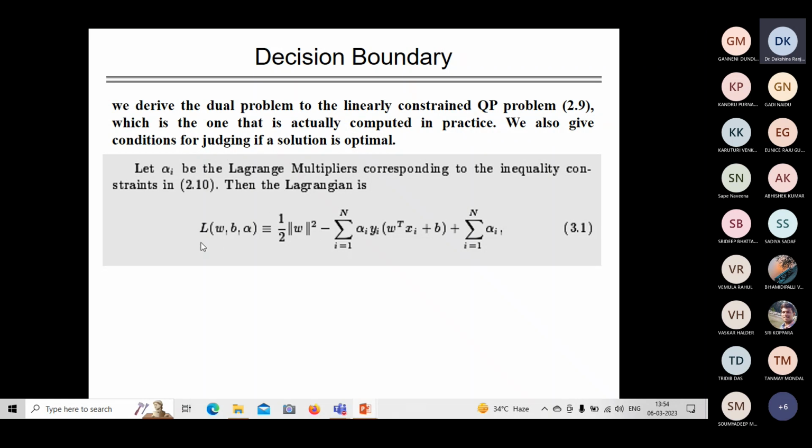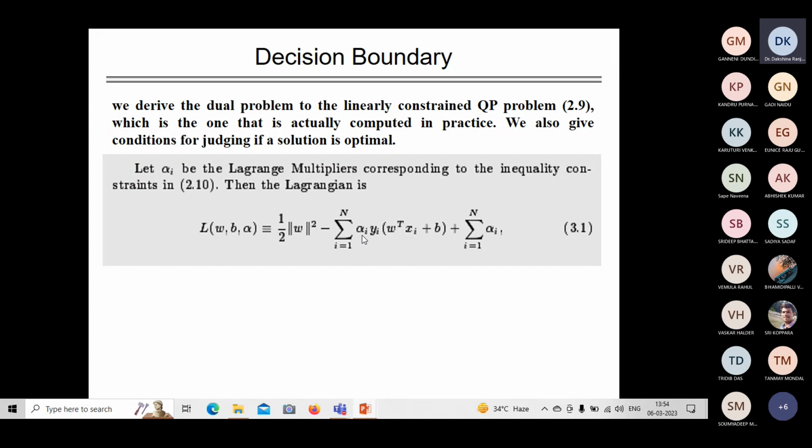Now here we are writing L of w comma b comma alpha, where alpha is the Lagrange multiplier. Where we are associating this Lagrange multiplier, we get the Lagrangian as half of mod of w squared minus summation over alpha i yi.